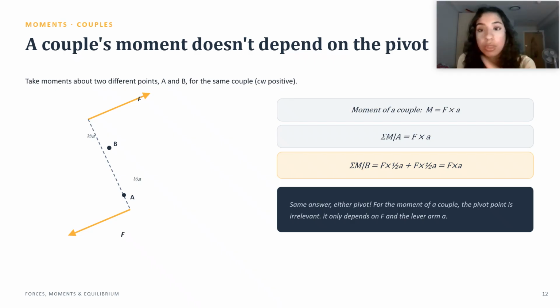It is that the moment on the couple, actually, the pivot point is irrelevant. It doesn't matter if you have two pivots. You will always get the same answer on either pivot. It only depends on the magnitude of the force and the lever arm, the little a, okay?